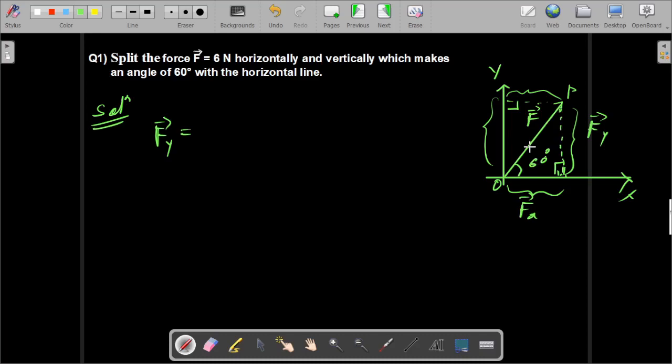This is a right angle triangle, so Fy divided by F will be the relation. It will be sine 60 degrees.